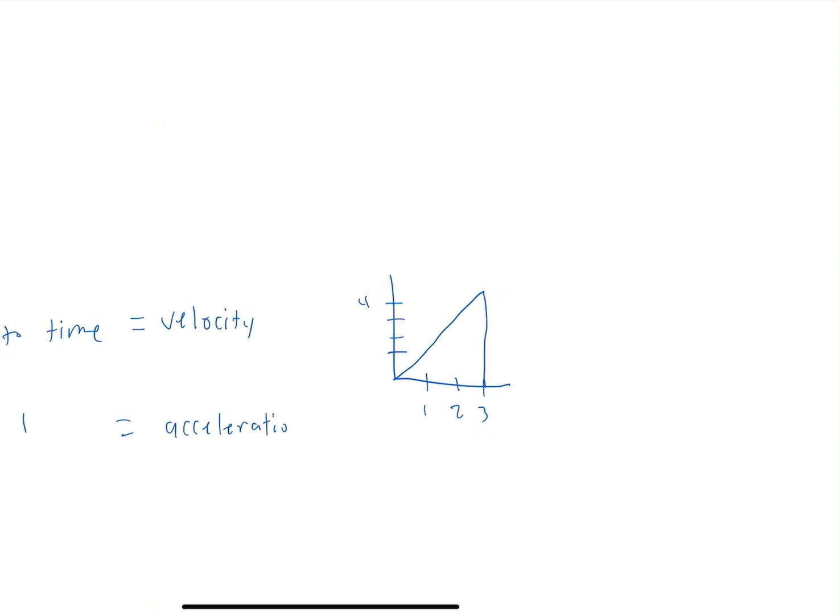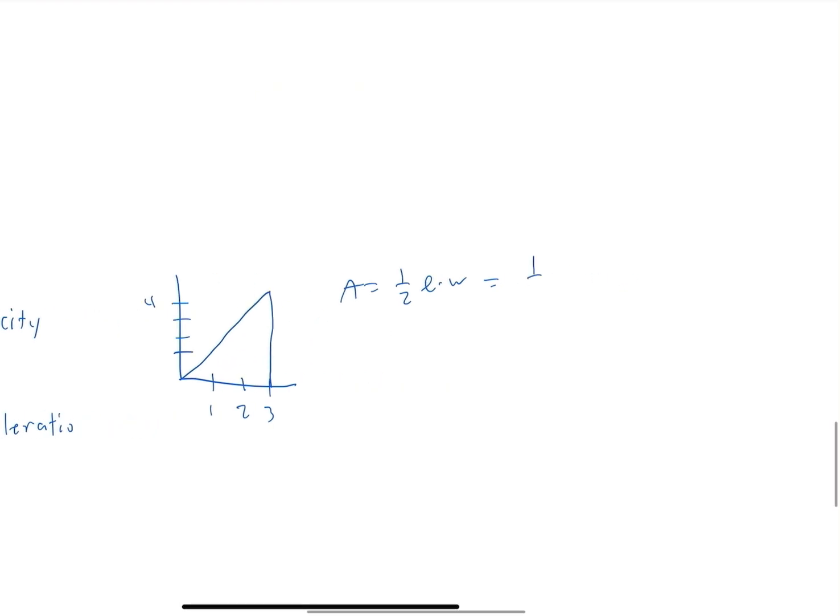Well, the area under the curve is a triangle, so the area is equal to 1/2 times base times height. So it's equal to 1/2 times 4 times 3, and that gives you 6. So you would know that this traveled 6 meters. Say this was the velocity graph, and you took the integral of it. That is how you would find the integral, by using the area under the curve. And then you would get that it traveled 6 meters.